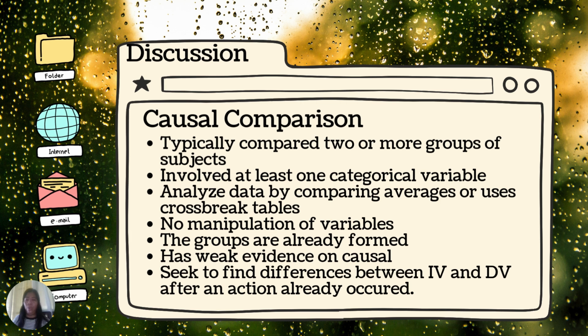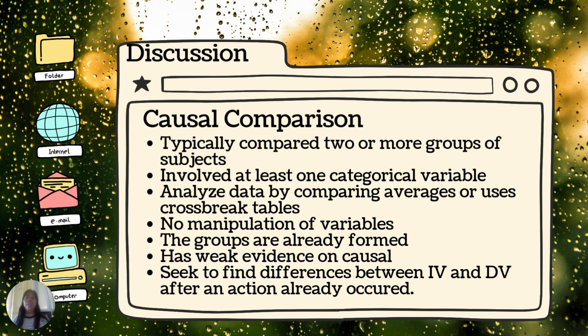Typically compare two or more groups of variables or subjects, involving at least one categorical variable. Analyze the data by comparing averages or using a cross-break table. No manipulation of variables; the groups are already formed. It offers weak evidence on causation, seeking to find differences between the IV and DV after an action has already occurred.